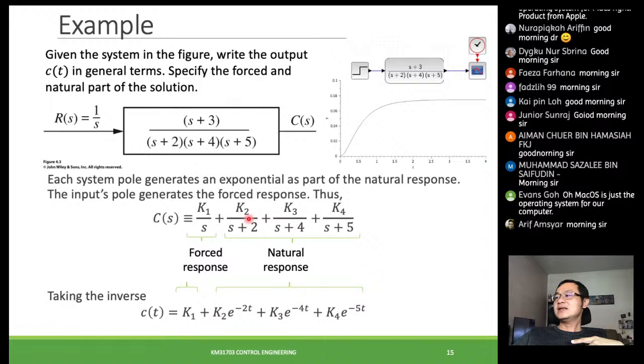So this would represent the natural response, and when we take the inverse Laplace, we will have this as our forced response, whereas the rest, you can see this is -2, -4 and -5. Immediately we will get this time response form, mainly based on the zeros and poles themselves. This is how it is useful.